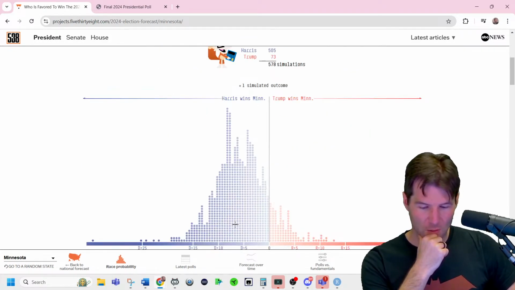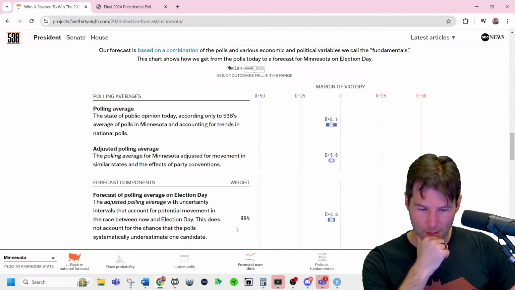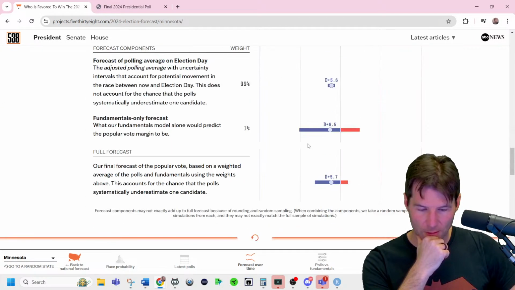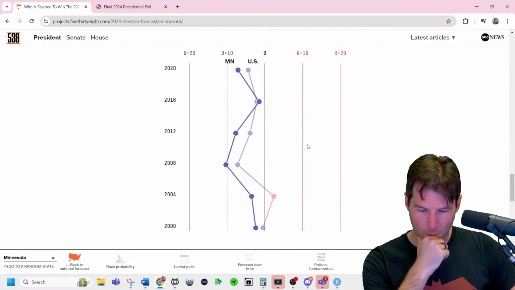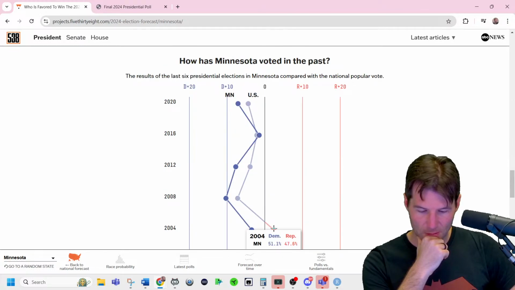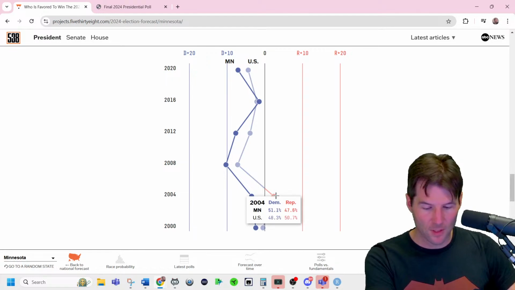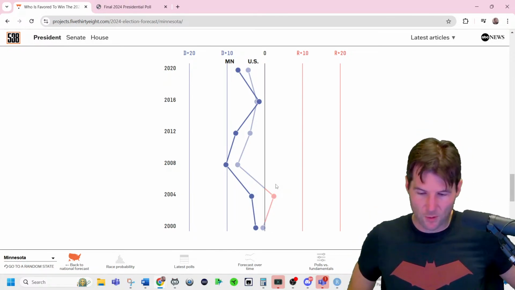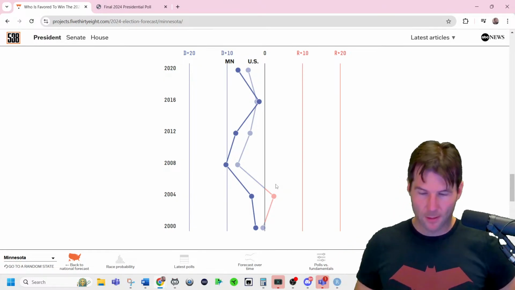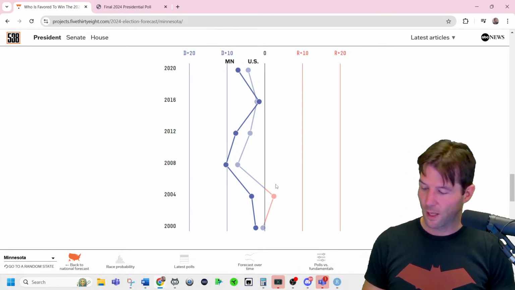Minnesota. It's all possible. Polling averages, that's outside of a margin of error right there. Fundamentals only forecast. So these are different forecasts I think they're talking about. Is that Minnesota? It's the power of the incumbency. Being an incumbent is a big thing. Probably why Democrats were thinking of running Biden, because we're talking a little history of politics now.